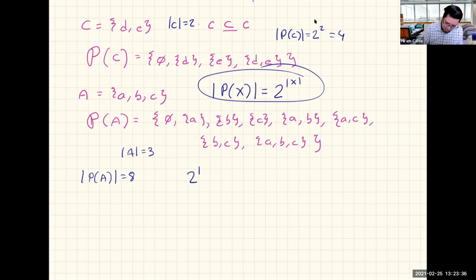The cardinality of A is 3, so this should be 2 to the power of the cardinality of A, 2 to the third power, which should be 8. Okay, right. We are doing it right. So this is very important. Maybe for our mathematician friends it is not new at all. However, this will be an important basis to say what can be computable and what will not be computable, and we will see why.